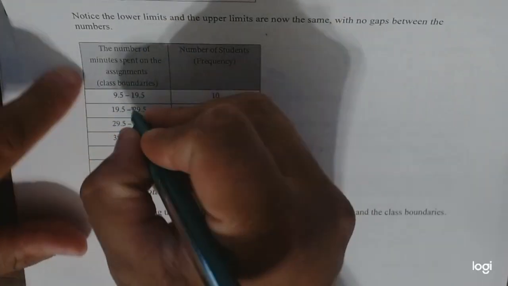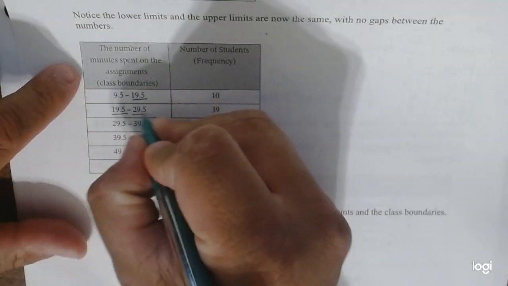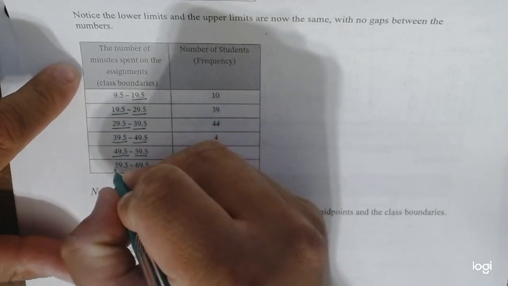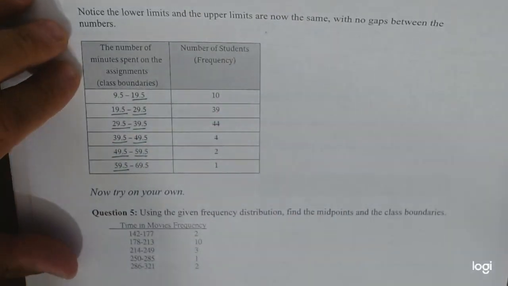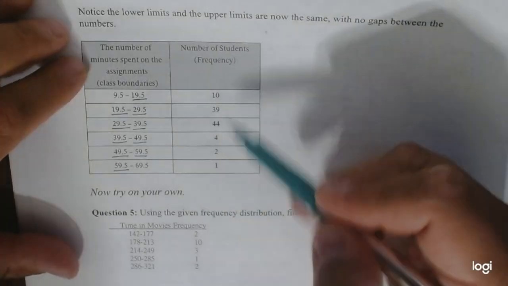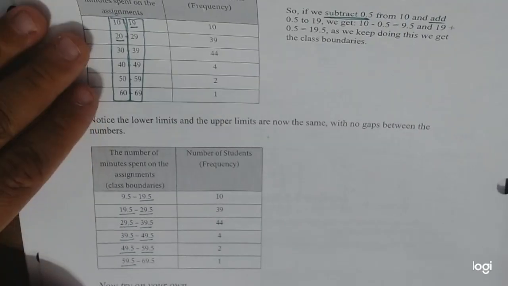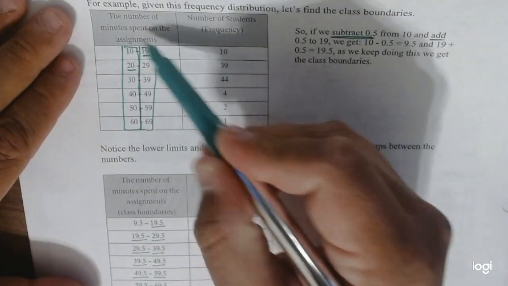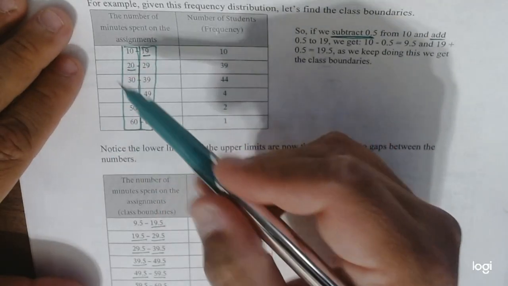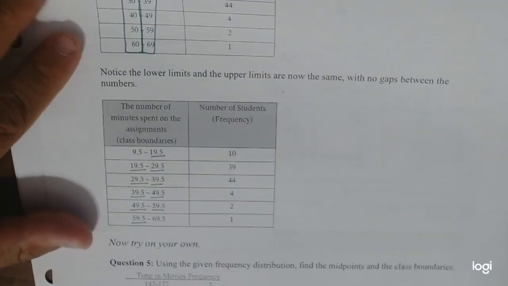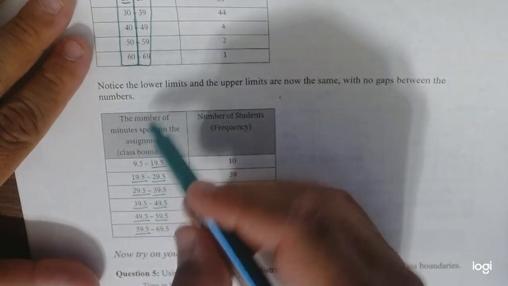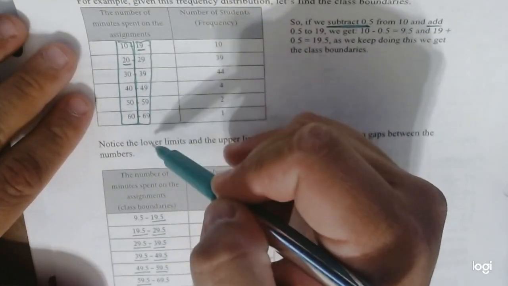Now notice these overlap, unlike before. A frequency distribution has no overlap. Class boundaries do have overlap because of that. Notice the frequencies do not change. All that's changing is the lower and upper classes. So that's how we find class boundaries. Midpoints, we add them and divide by 2. Boundaries, subtract 0.5 from the lower, add 0.5 to the upper.